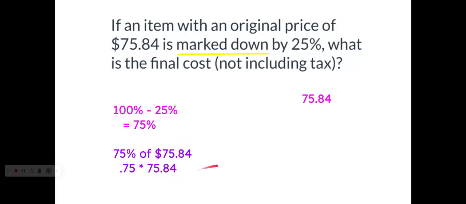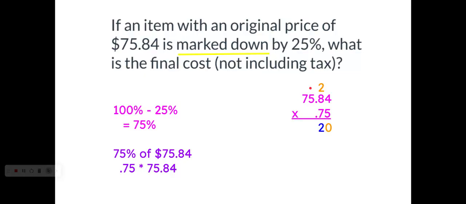And again, if you don't have a calculator, write the number with the most digits on top, the number with the fewest digits on bottom. It'll just make it easier for you in your multiply. So I'm going to multiply everything first by the far right digit of 5. 5 times 4 is 20. Write down my 0, carry my 2. Make sure you put your 2 in front of the next number you're going to multiply. 5 times 8 is 40, plus what I carried, plus the 2. 40 plus 2 is 42.